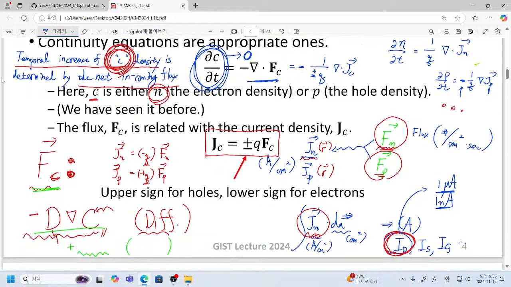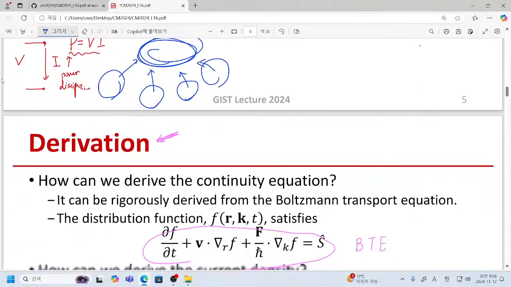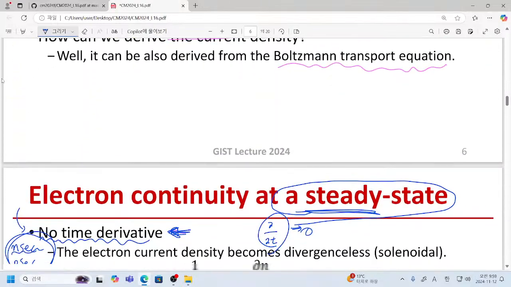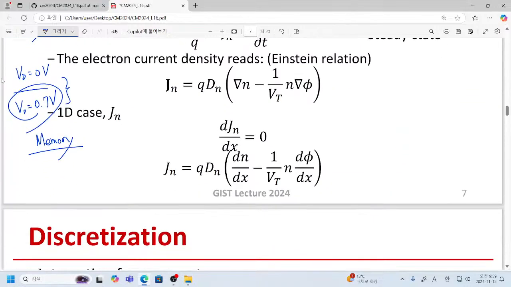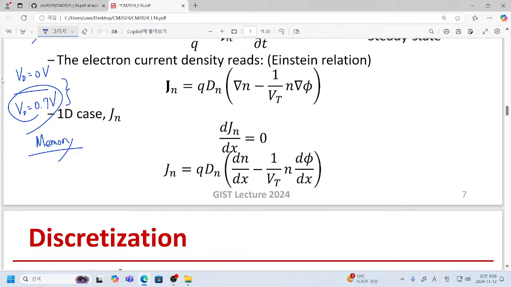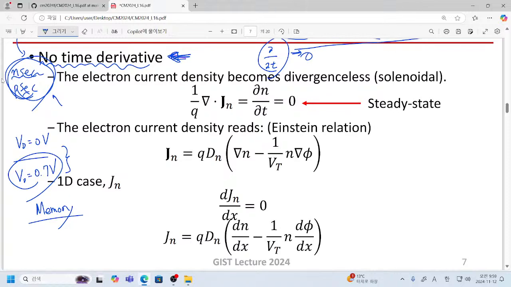That is the one you have to keep in mind. A complicated polarity difference comes between the electron expression and the hole expression, and sometimes students are confused about whether to add a minus sign here or there. So please try not to be confused.